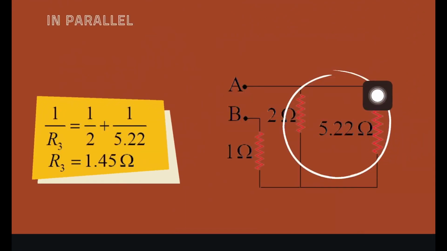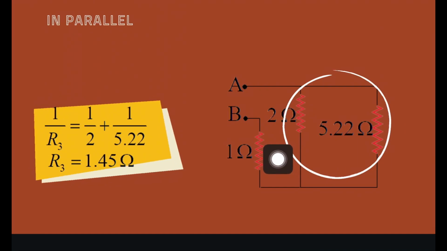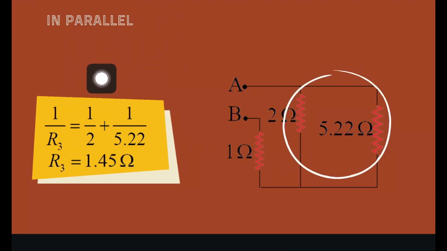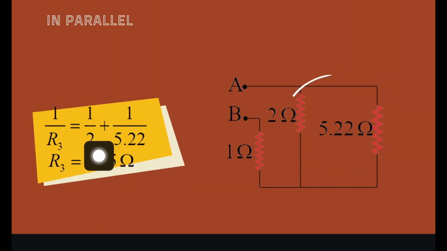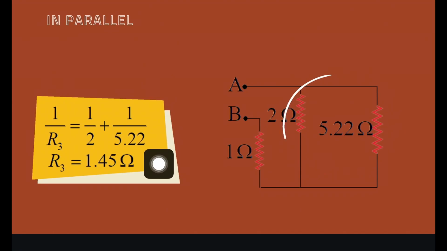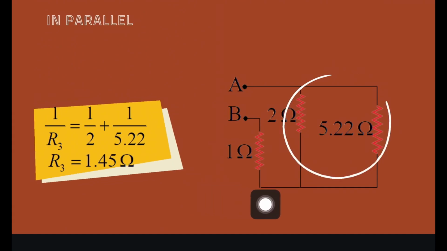Next, you can see that our R2 is connected in parallel with this 2 ohm resistor. For the parallel combination, we use the equation 1 over R3 equals 1 over 2 plus 1 over 5.22, and we get R3 equals 1.45 ohm.